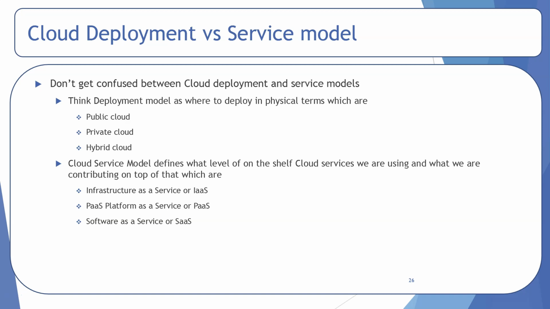The cloud service model defines what level of out-of-the-box cloud services we are using and what our responsibilities are. Service models are infrastructure as a service or IaaS, platform as a service or PaaS, and software as a service or SaaS. Let's move on to the next topic about Azure Billing and Accounts.